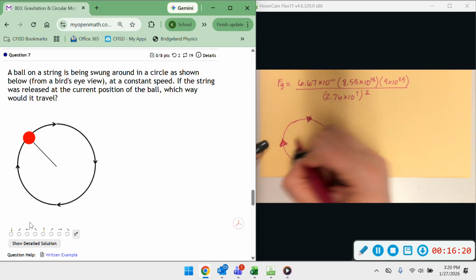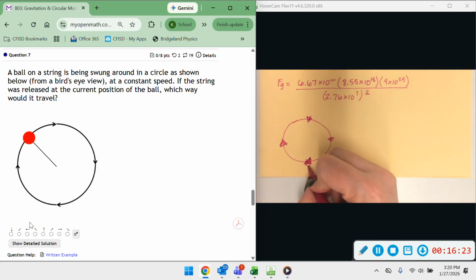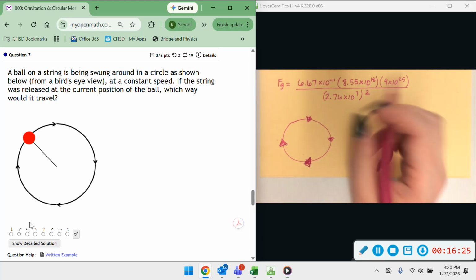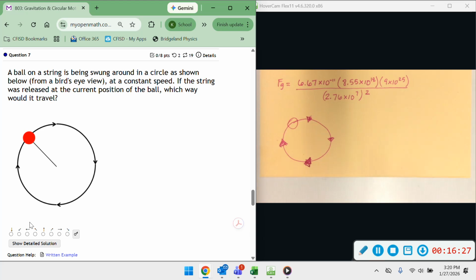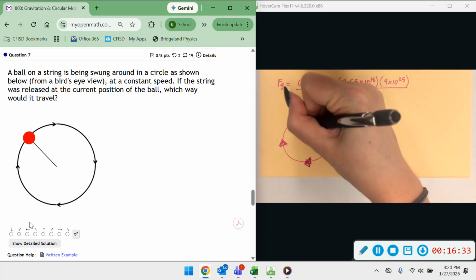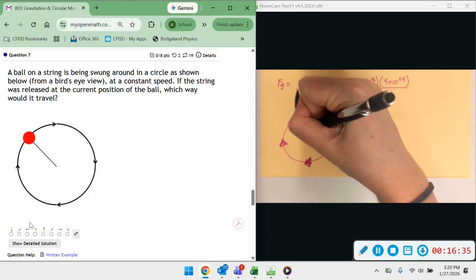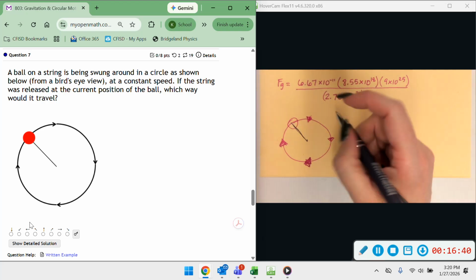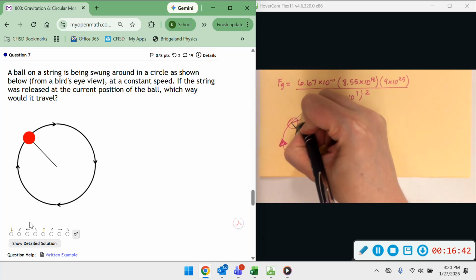Okay, so this is the direction that it's going at those different points, and it's asking, hey, what happens here? Okay, again, it will be tangent. Your tangent line, if you find the center of your circle and you draw in a line of radius to your object at the point you're being asked about, your tangent line is always 90 degrees to it.